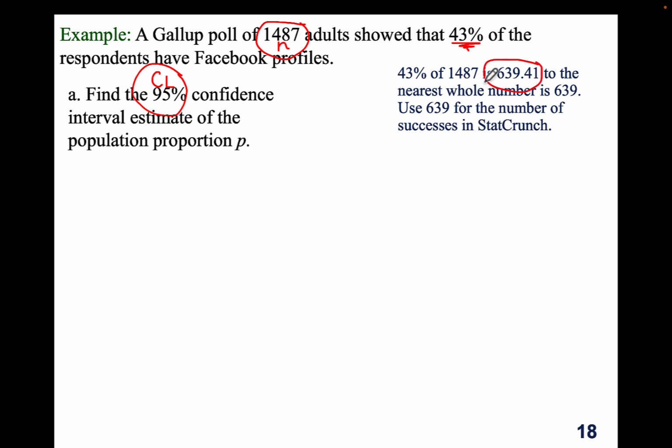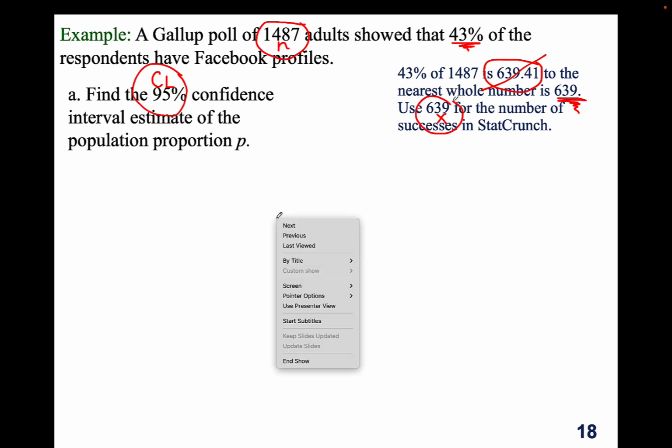So instead of typing in the 639.41, type in 639. So we'll use 639 for the number of successes in StatCrunch. That'll be our X. Just heads up for that. Okay, we have X, we have N, and we have CL. Let's go to StatCrunch and type them in.